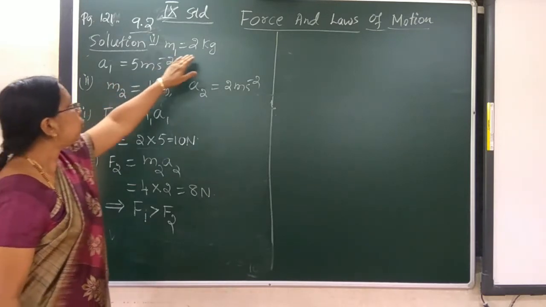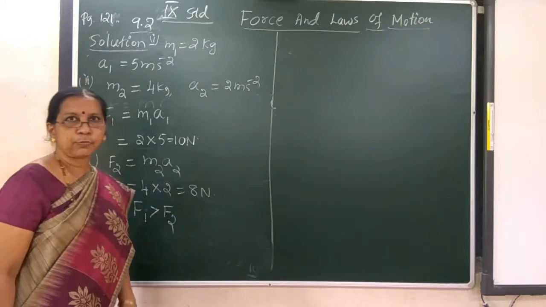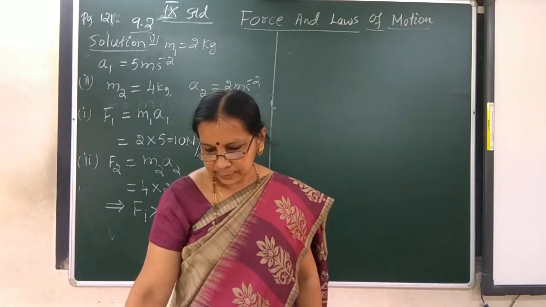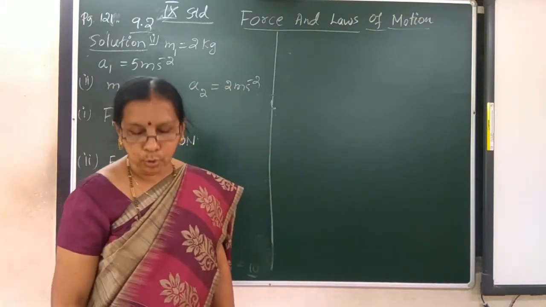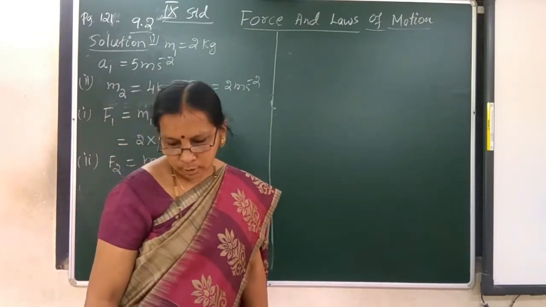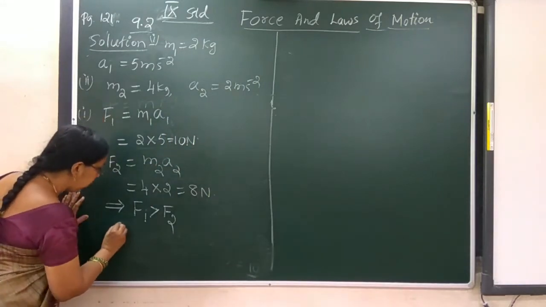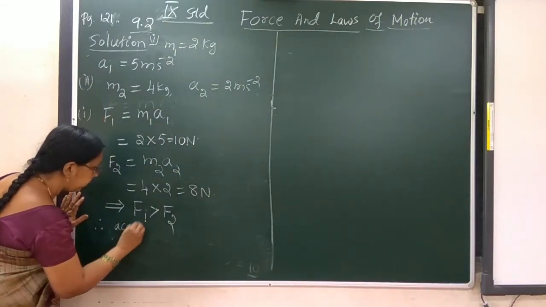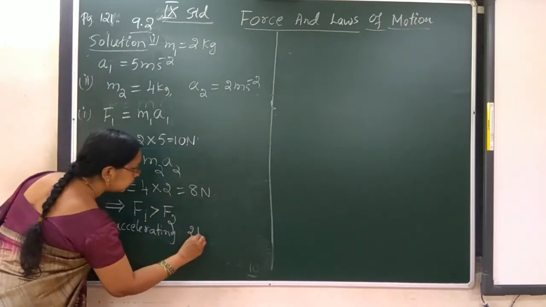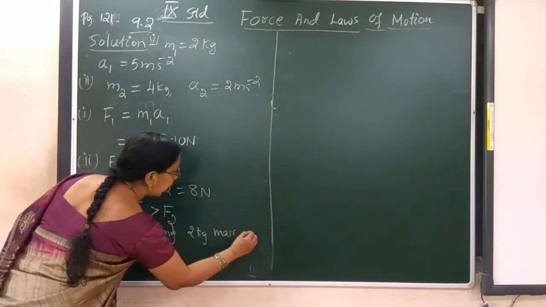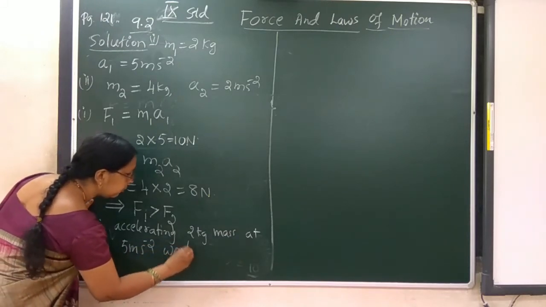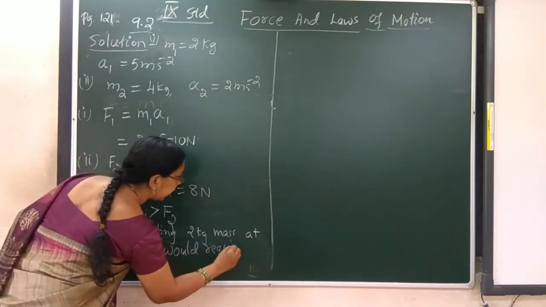Accelerating a 2 kg mass at 5 meter per second square requires more force. Therefore, accelerating a 2 kg mass at 5 meter per second square would require a greater force.